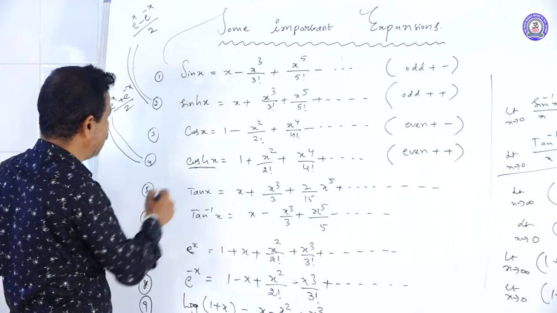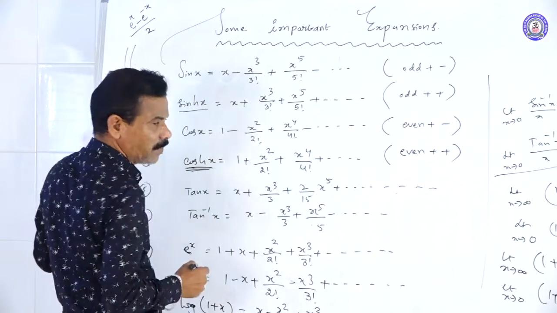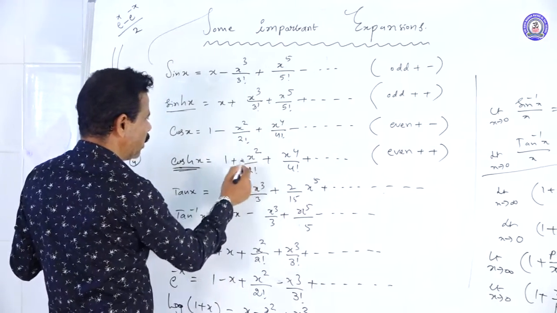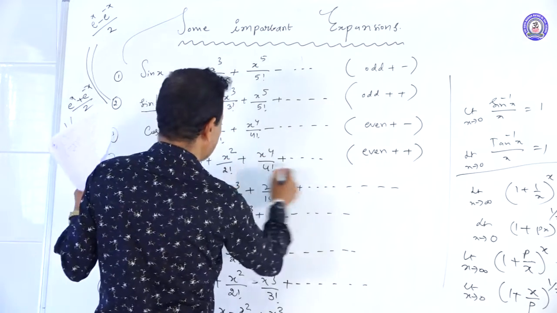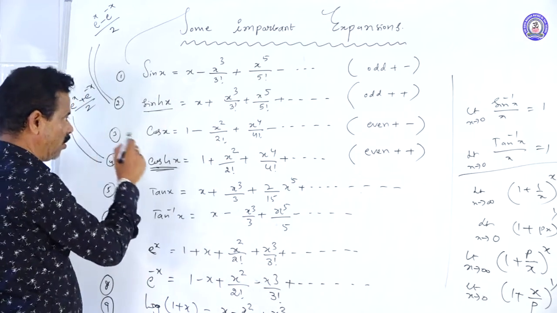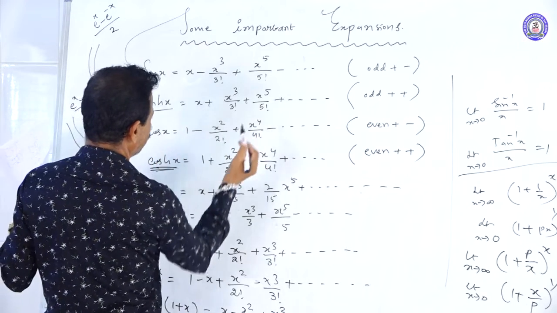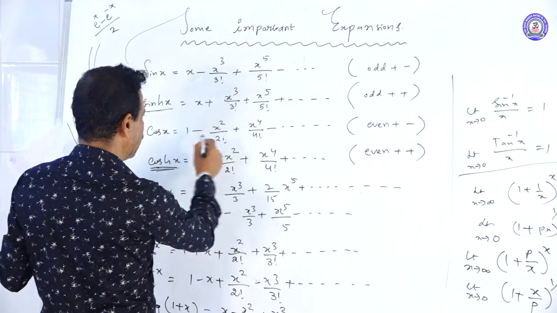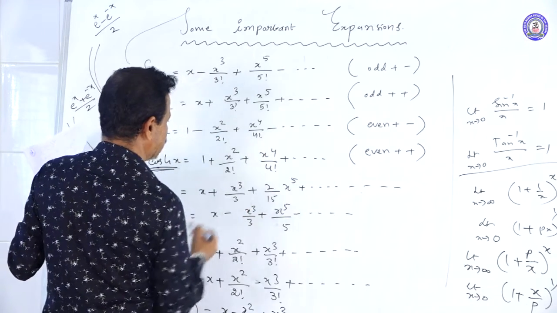After simplification, sin hx gives this expansion and cos hx gives this expansion. Here all are even terms, 2, 4, all with plus signs. Cos x is 1 minus x square by 2 factorial plus x power of 4 by 4 factorial, like that, with even terms alternating plus and minus.